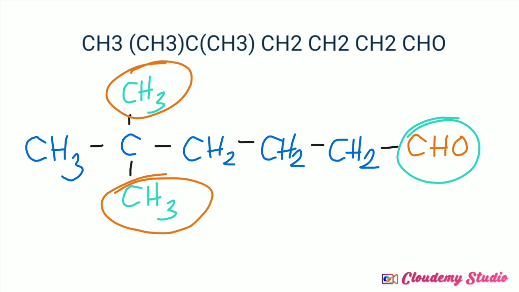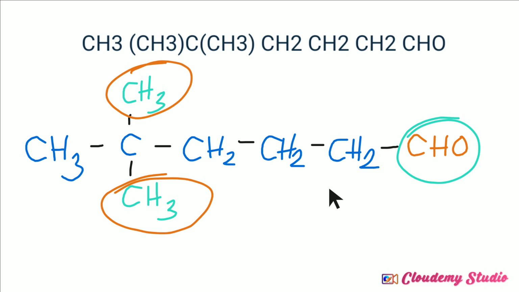After selecting the main chain, the next step is to number the carbon atoms. Here there is a conflict whether we can start numbering from the right hand side to the left hand side or from the left hand side to the right hand side. Which will be the correct way? Let's check. Here a functional group is present and two substituents also are present in the structure.